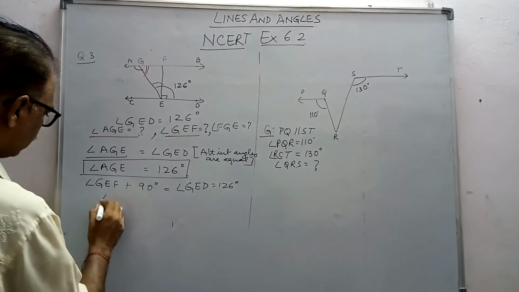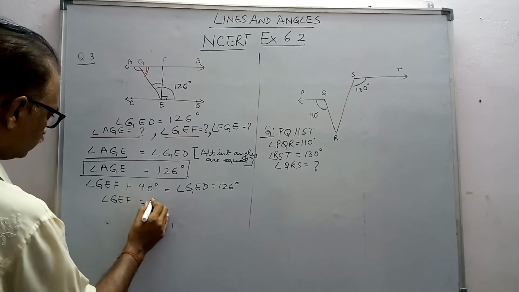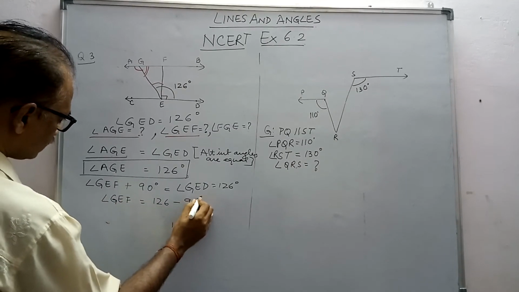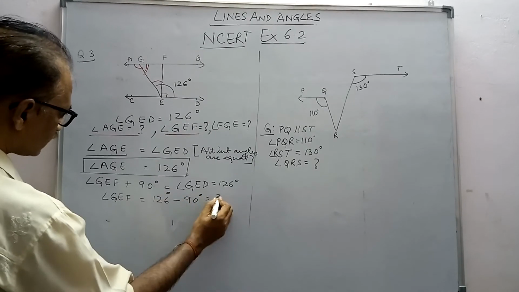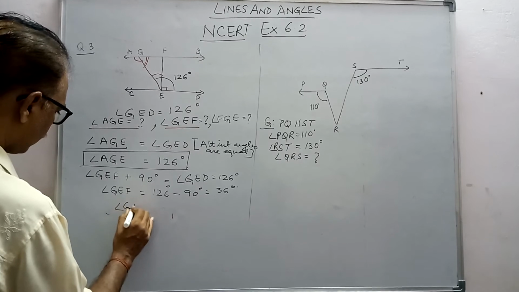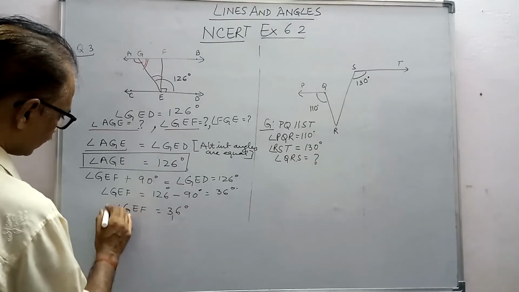So angle GEF is equal to 126 minus 90 degrees, that is equal to 36 degrees. That is your second part.